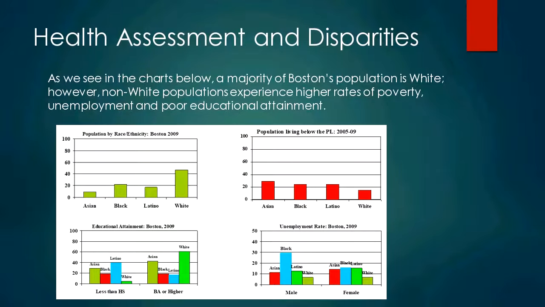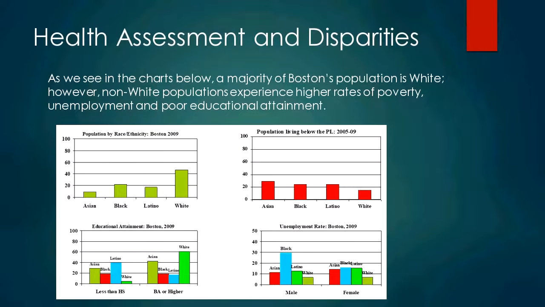We see significant disparities in Boston, not just in 2009, this data holds today as well, when we look at whites versus Asian populations, Black populations, and Latino populations in Boston.